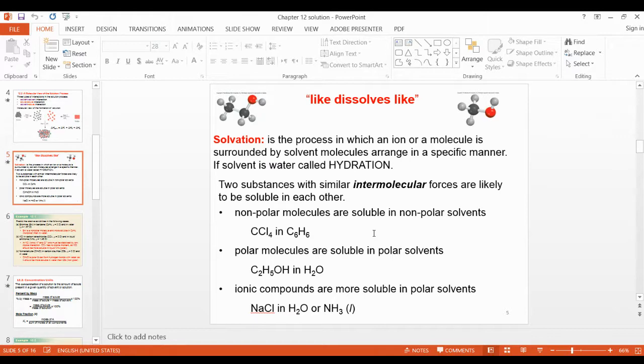Remember, only non-polar molecules will dissolve in non-polar solvent, and polar molecules dissolve in polar solvent. The dipole moment plays an important role here. Dipole moment greater than 0 is a polar molecule. If the dipole moment is 0, that is a non-polar molecule.